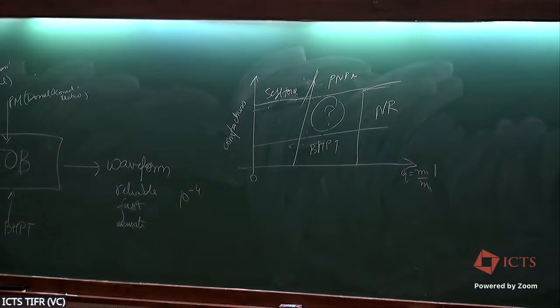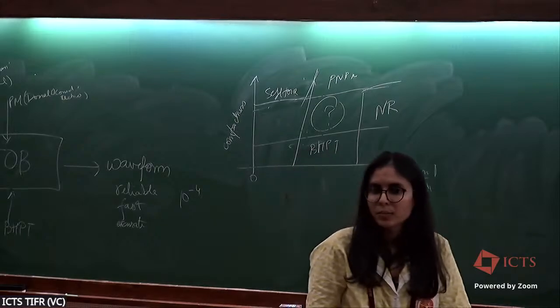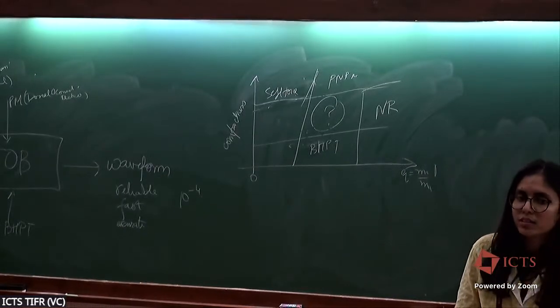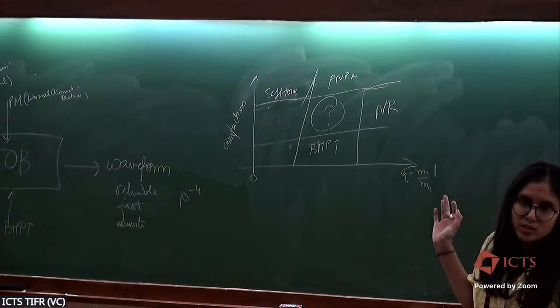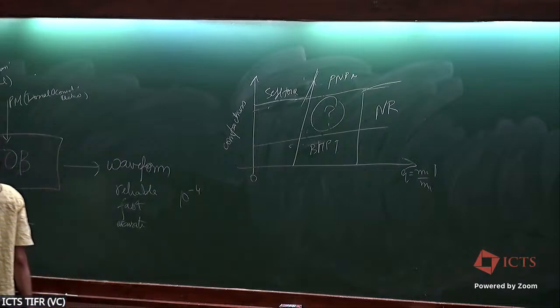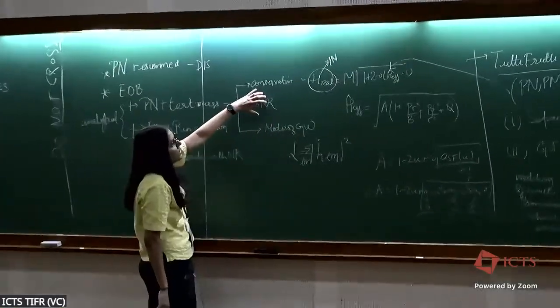That's because we don't have results from the analytical side of PN, PM, or self force. Once we have those results, we can map it to EOB. And the other limitations in EOB can be the leading order radiation reaction starts at 2.5 PN. The radiation reaction squared becomes 5 PN. There is an intermixing here.